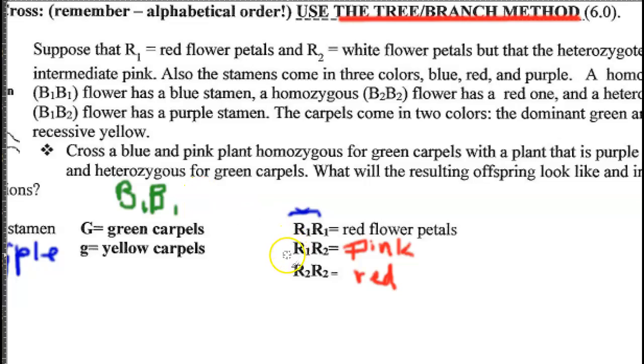But we gotta do it alphabetical order. And homozygous for green. And then pink. What's happening here?